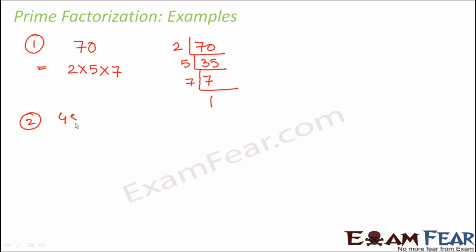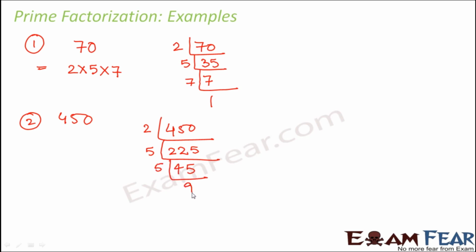Let's look at another example. Let's consider the number 450. So this is comparatively a bigger number. So let's start with 2 again. 2 2s are 4, 2 5s are 10. Now 225 will again be divisible by 5, because we know that a number is divisible by 5 whenever it has 0 or 5 in its units place. So 5 4s are 20, 5 5s are 25.